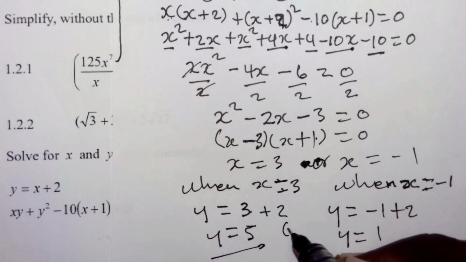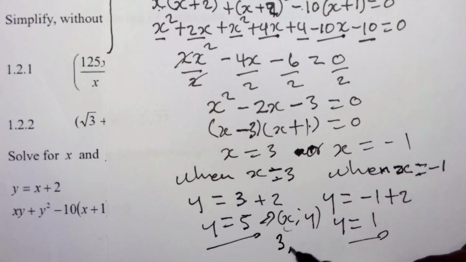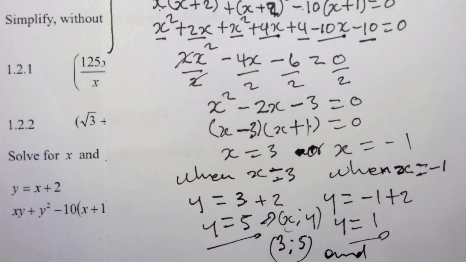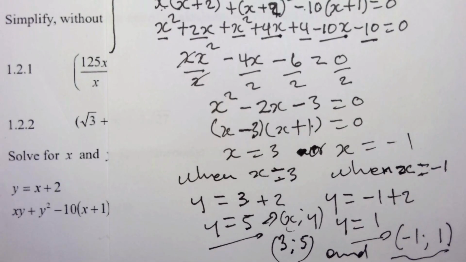Remember, we have x, y. Our x is 3 here, our y is 5. And our x is -1 here, and our y is 1. So these are the values of x and y.